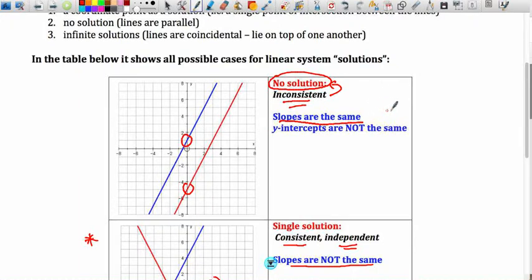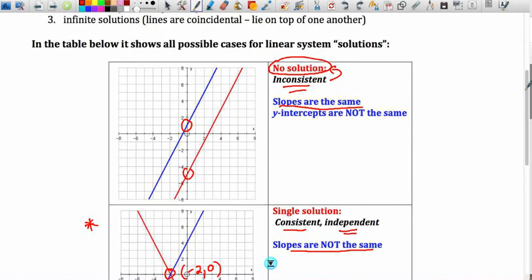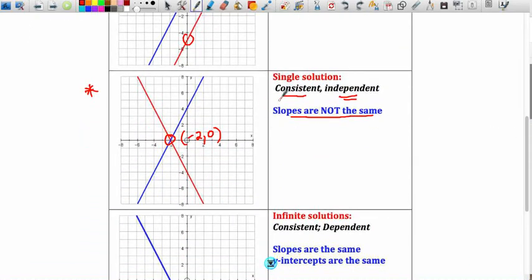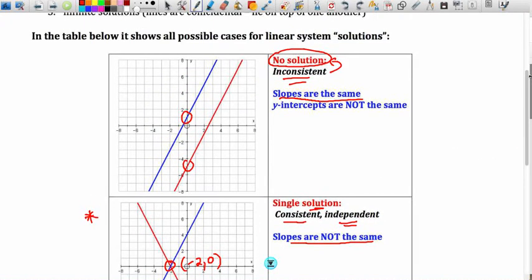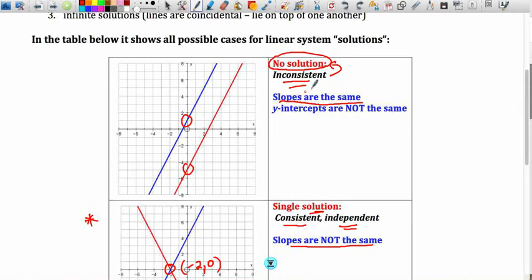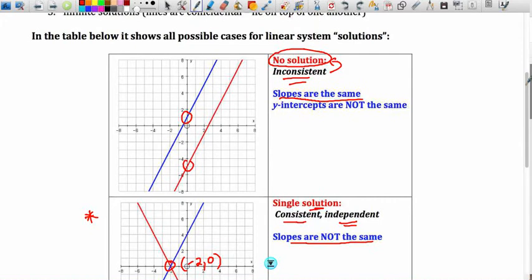And the third possibility, so we've had three possibilities. The first one is a consistent system, which means there is a solution, and it is independent, which means there's a single solution. The second option, inconsistent, has parallel lines and no point of intersection or solution.